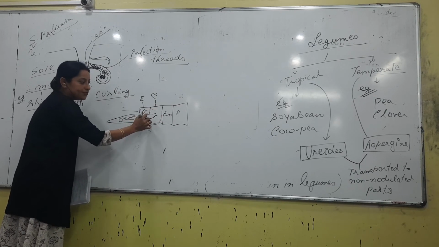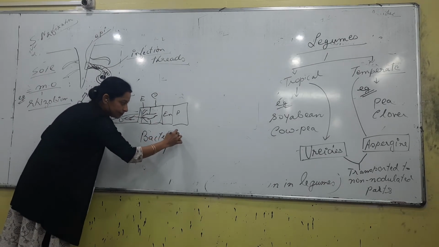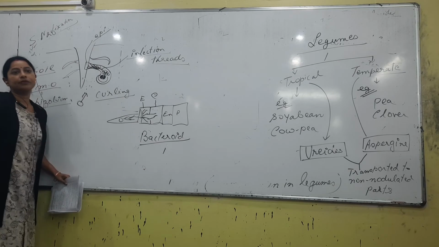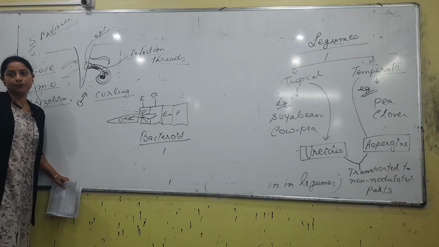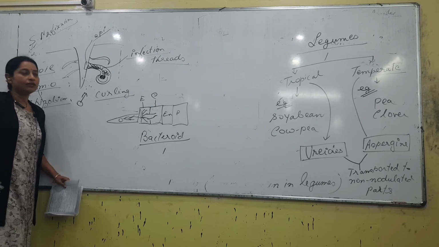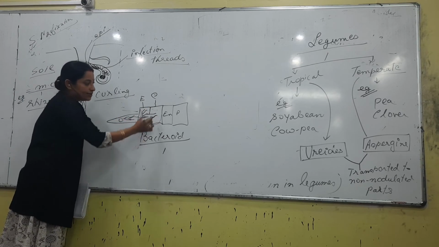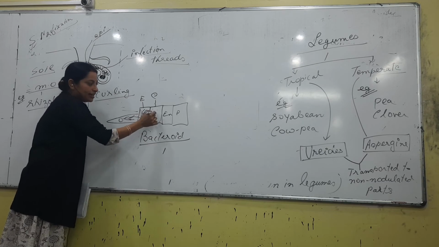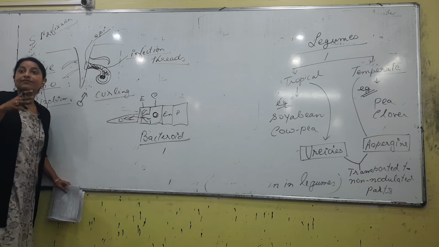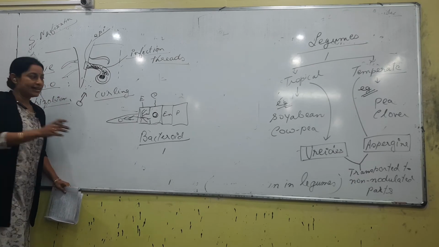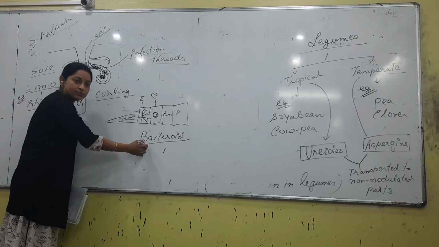It stops dividing, and at that time it is called a bacteroid. When it is non-dividing, when it does not form any more infection thread, it becomes a bacteroid.